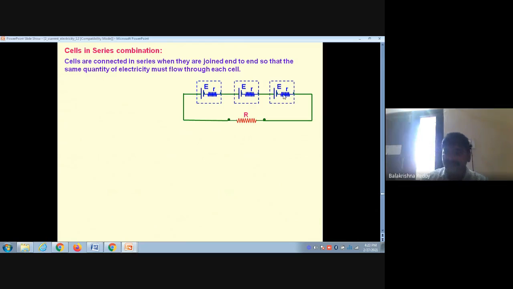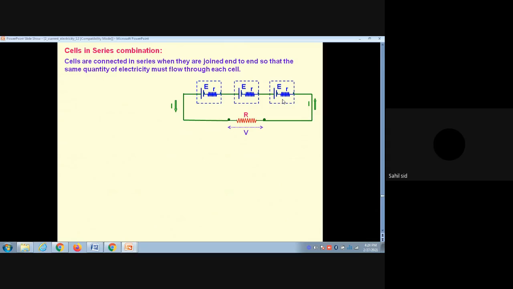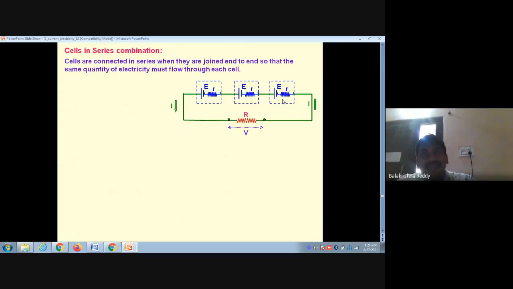Like that only it is connected. Then only I can say that these are three different cells connected. Otherwise, it acts like one. Now current is flowing. Cell definition: a cell is a primary source of electrical energy, which converts chemical energy into electrical energy.